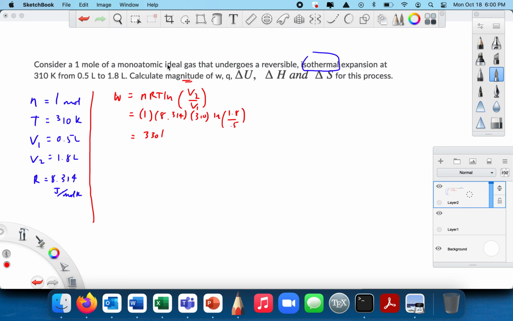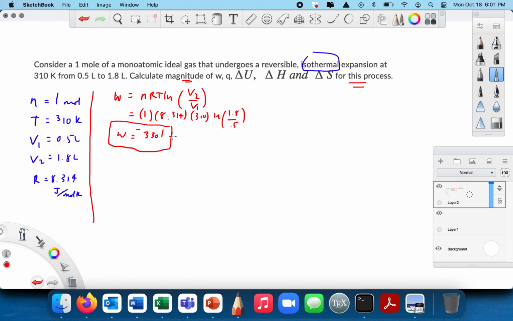Frankly, the way the question's written, it ought to be simply 3301. But if this is on the exam, we're going to leave it as magnitude, so 3301 would be good enough. But is the work being done by the gas on the environment, or on the gas itself? The work is being done on the environment, so we're going to say negative 3301 joules because it's leaving the system.